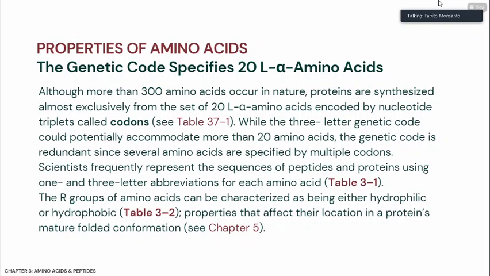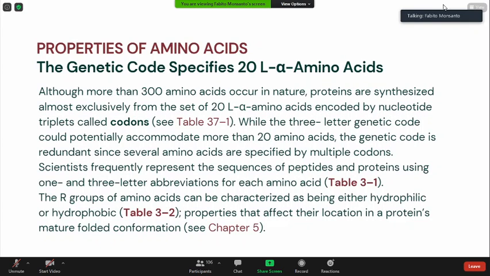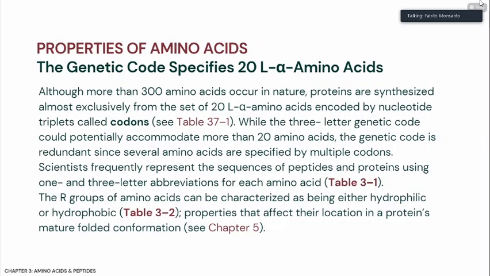Now the codon is your 3-letter code, which is found in your messenger RNA, and it is translated by your ribosome in order to be formed into proteins. So they are stringed together, one amino acid to another, through a peptide linkage or a peptide bond.